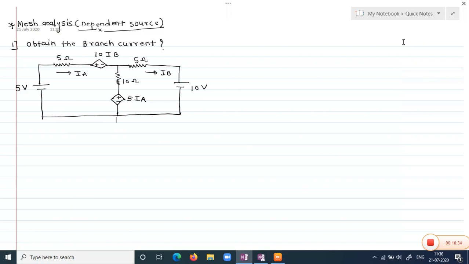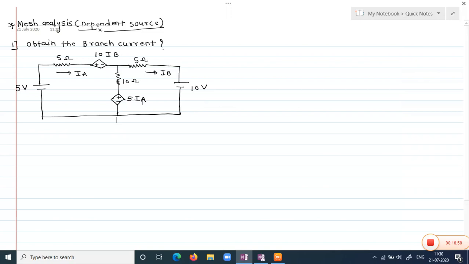Means two controlling parameters are there for dependent sources, one is IA and another is IB. Here the first dependent source is 10 IB, IB is nothing but your controlling parameter. Okay, and here the second dependent source is 5 I1, I1 is again your controlling parameter.